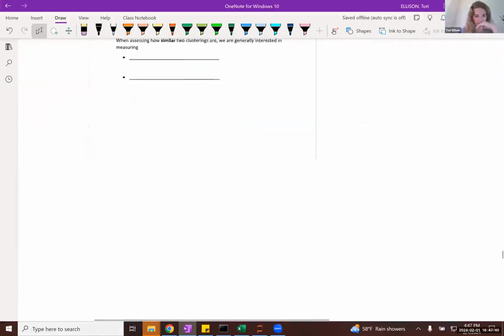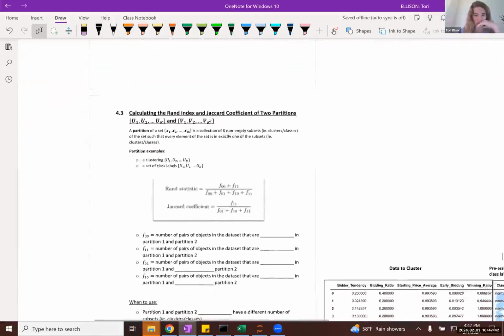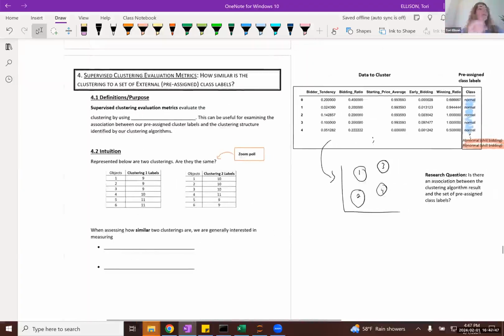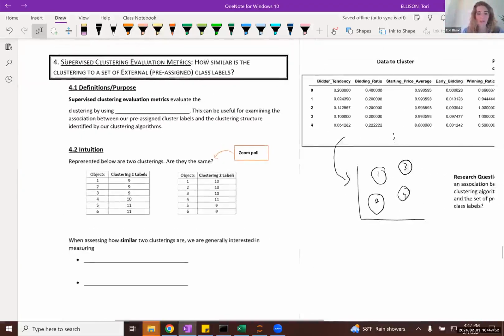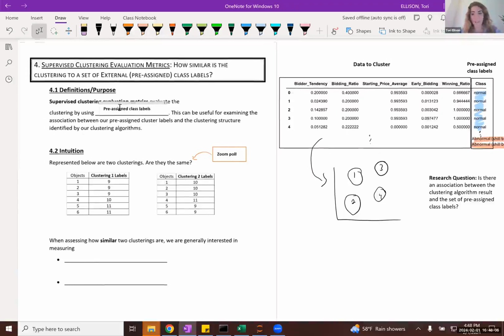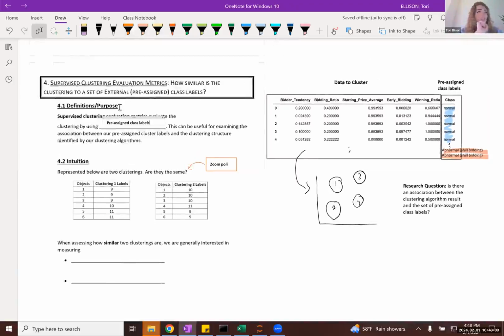Okay, so one thing that I would like to quickly go over is another type of clustering evaluation metric. We call these supervised clustering evaluation metrics, because they involve incorporating some additional set of pre-assigned class labels that we add on to our analysis after we have already clustered our original data set.